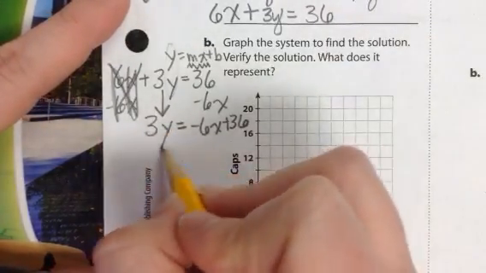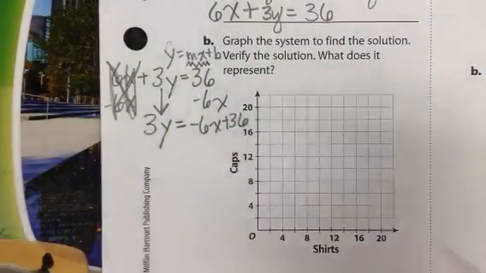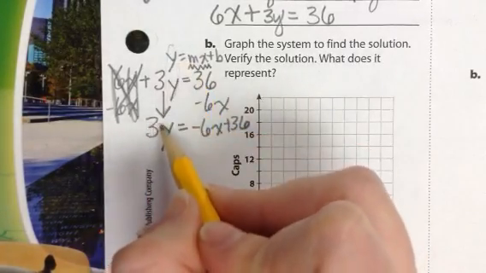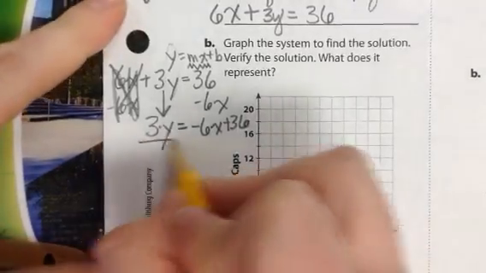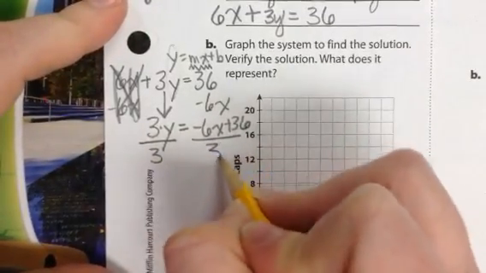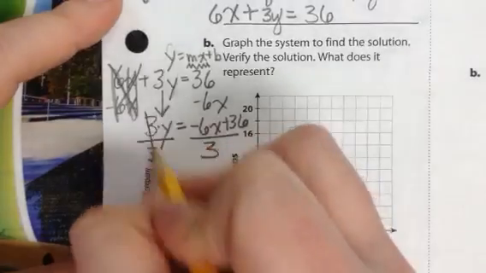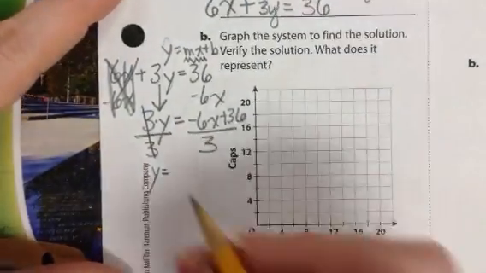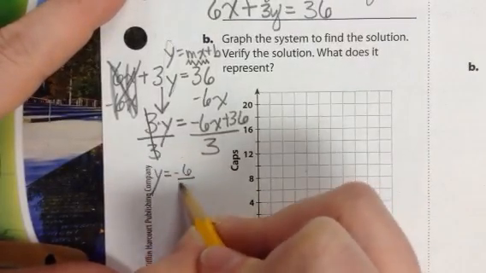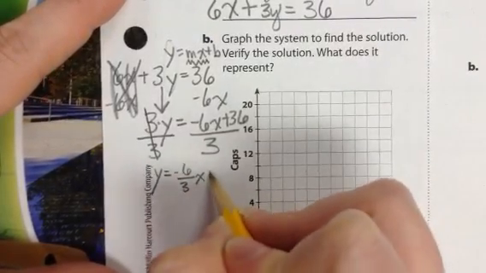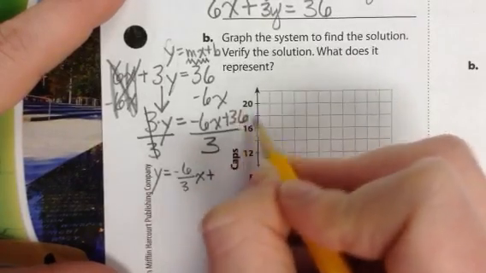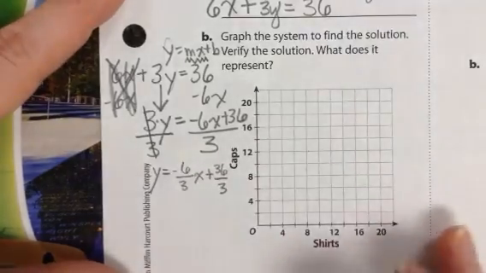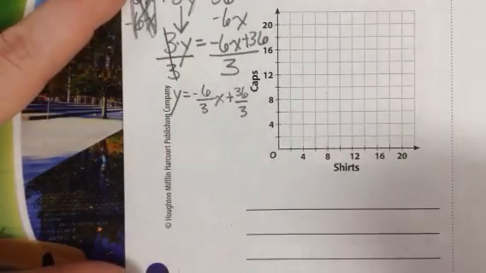Okay, so at least now my y and my x are sitting in the right spot. I don't need this 3 by the y. I just want y equals. They are multiplying, so I need to divide everything by 3. Y equals negative 6 over 3x plus 36 over 3. All I have to do now is reduce.